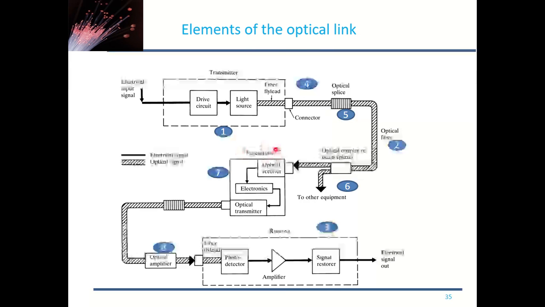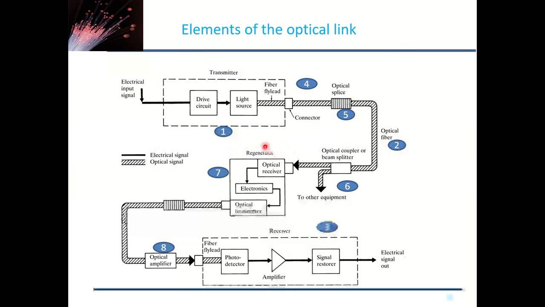Regenerator and optical amplifier are two important elements of the optical link. So let us understand the difference between the regenerator and the optical amplifier. Basically, a regenerator is a device which can regenerate the original transmitted signal. As its name indicates, it's a regenerator. If the signal gets distorted due to channel properties, there can be attenuation, there can be some filtering of the signal which can introduce distortion. This distortion is overcome by using the regenerator.